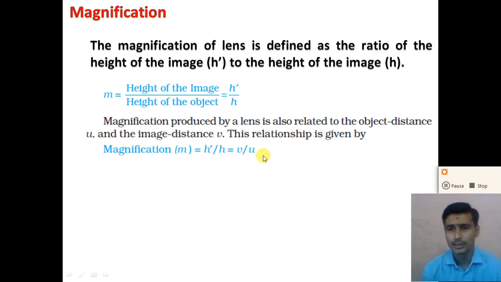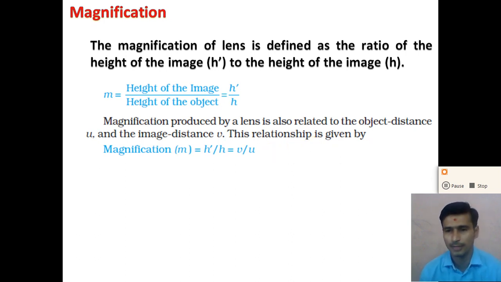So here the magnification m is equal to h dash by h is equal to v divided by u, where v is the image distance and u is the object distance, h dash is the height of the image and h is the height of the object.